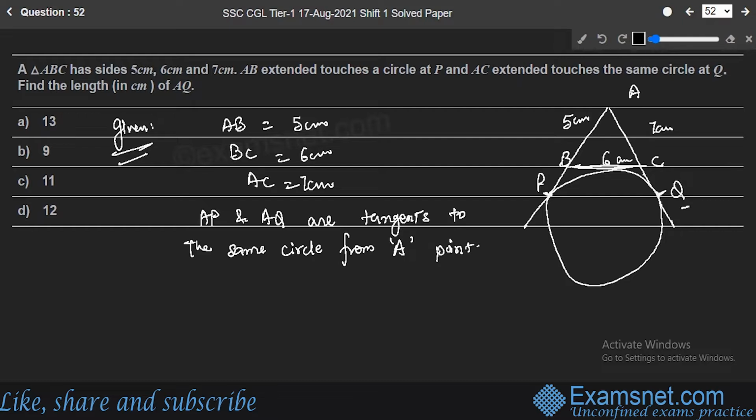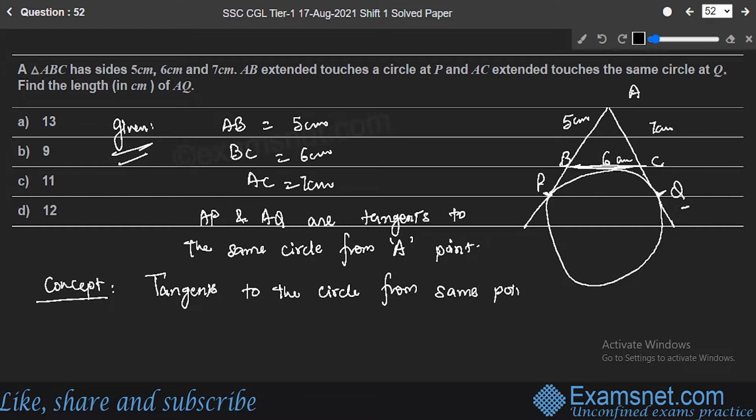Right. So the concept that we'll be using in this question is that tangents to the circle from the same point are equal. All right. Let's go with the solution part.